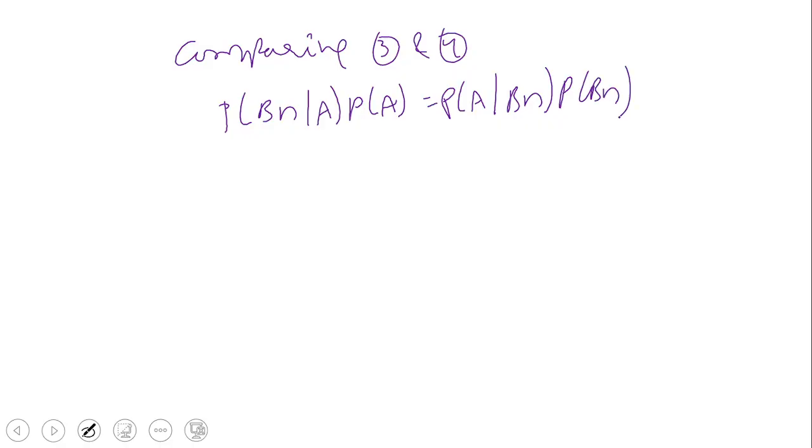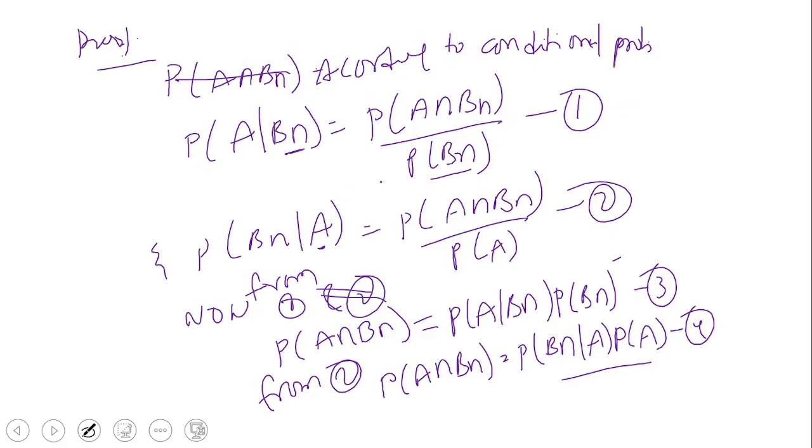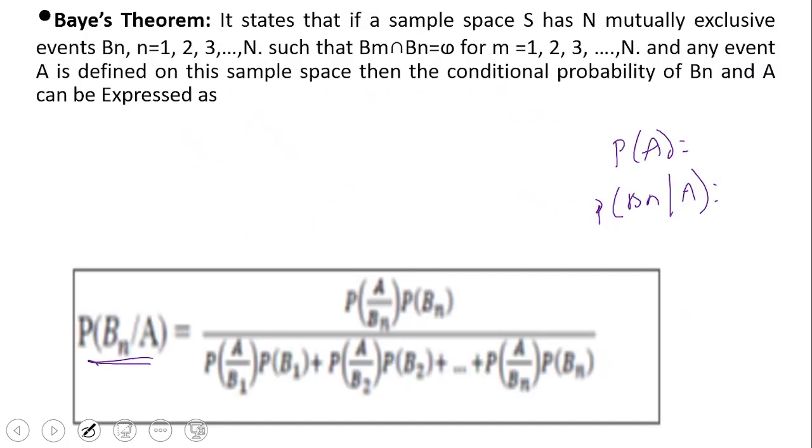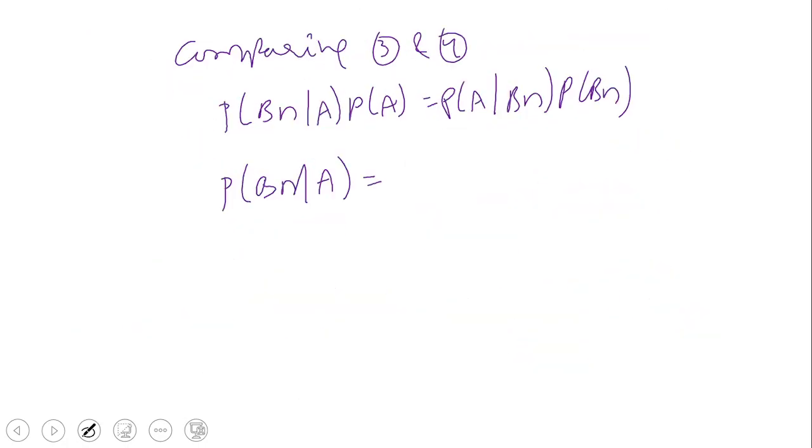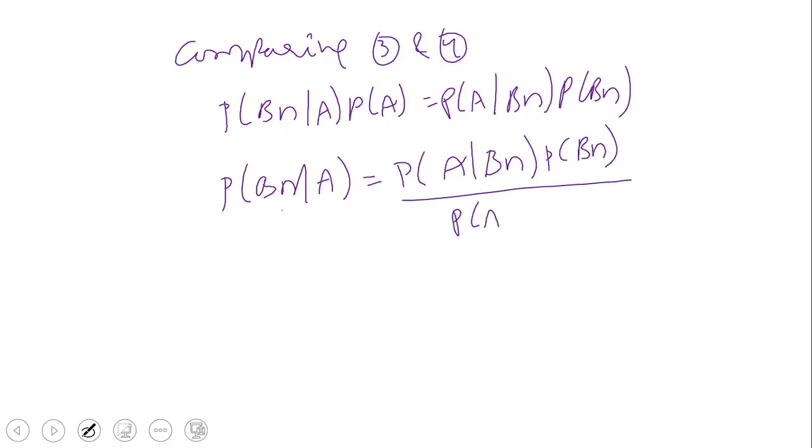Now I am taking P of Bn given A, because in our statement we have Bn given A. So P of Bn given A is equal to P of A given Bn into P of Bn divided by P of A, since P of A is multiplied on this side. Take this as equation 5.